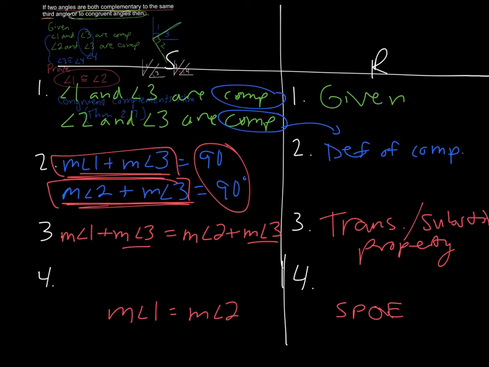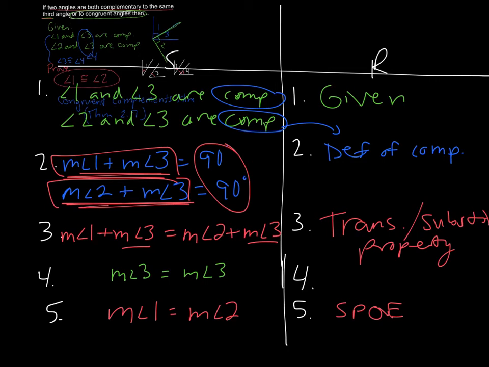I left kind of a blank there, and I'm going to actually make this step 5. And I'm going to throw in here a step that we may or may not have done before. It's kind of an optional step, but if we're being 100% clear, remember, you're trying to convince somebody when you're writing a proof that you're absolutely 100% sure this is true. I'm going to throw in here that the measure of angle 3 equals the measure of angle 3, and you're probably saying, duh, I know that.